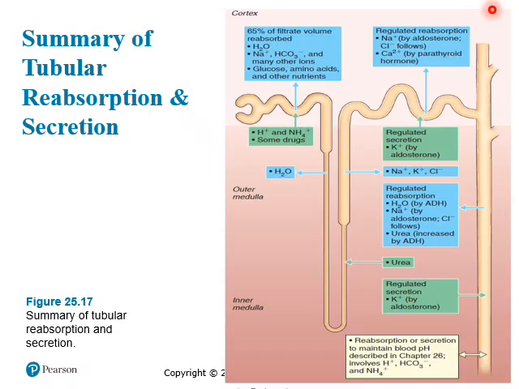Then you have the hormone aldosterone. This targets the collecting ducts, specifically the principal cells of the collecting duct, and of course, the principal cells also at the distal convoluted tubule.